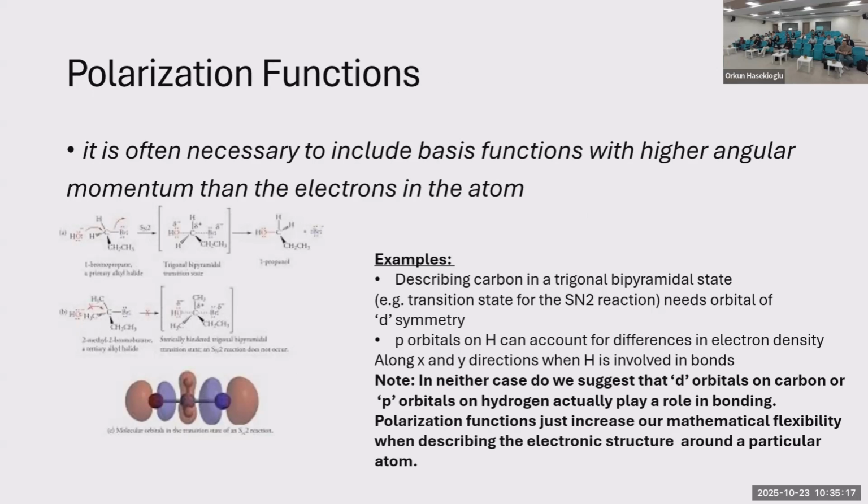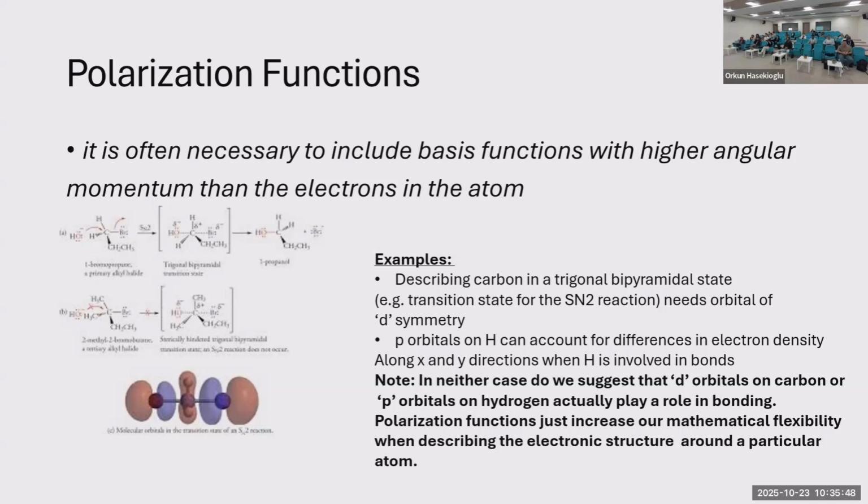So here, for example, when you want to describe this SN2 reaction mechanism that has a trigonal bipyramidal transition state, the carbon atom needs orbitals of d symmetry, right? And p orbitals on hydrogen can account for differences in electron density along the x and y direction when hydrogen is involved in bonds. These are examples where you would need these.